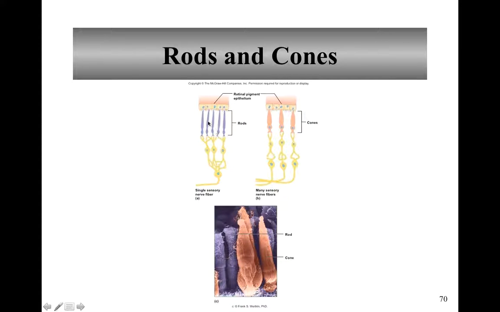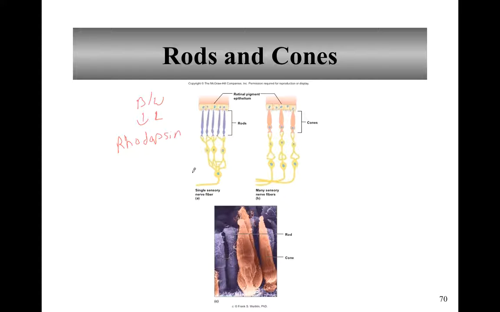All right, rods and cones. Rods are used to see things in black and white. They see in low light. They use a pigment called rhodopsin.